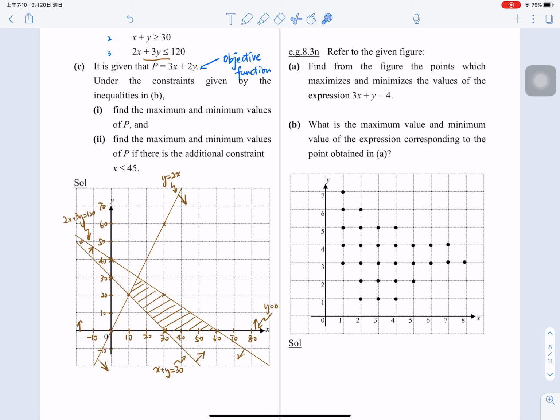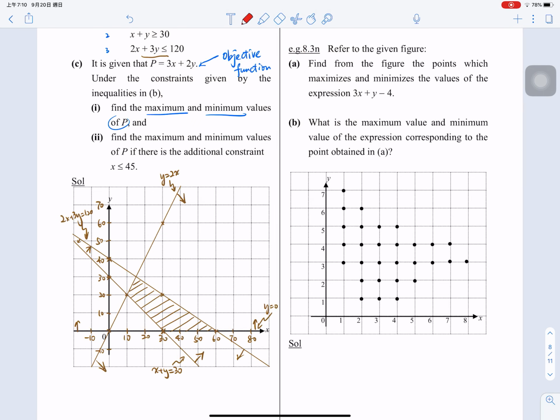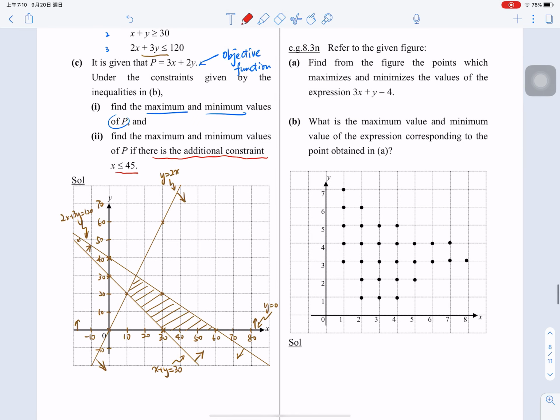Under the constraint given by the inequalities in part B, find the maximum and minimum values of P. Part 2, again maximum and minimum, but if there is an additional constraint, this one. Okay, do part C1 first.